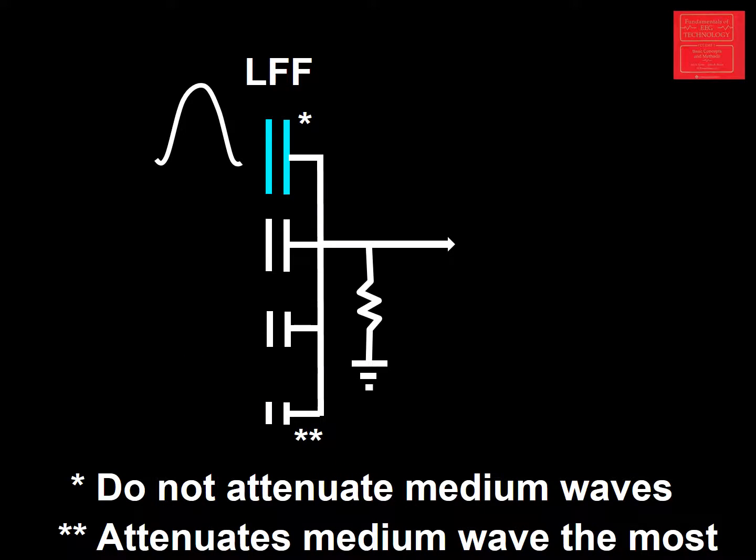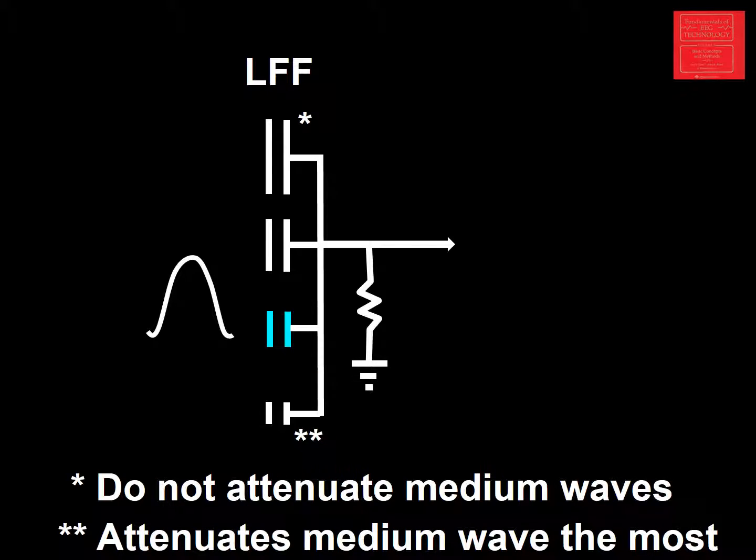So when presented with a medium wave, the low frequency filter with a large capacitor does not attenuate the wave. If the same size wave is presented to a low frequency filter with a smaller capacitor, the wave is attenuated a little.